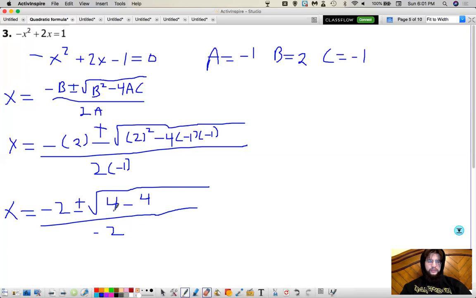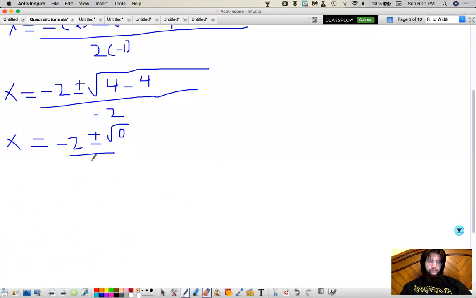Oh, hey, 4 minus 4 is 0, right? What's the square root of 0? 0. So you're adding and subtracting nothing. So we're just going to not worry about it. So our answer is just a plain old 1.